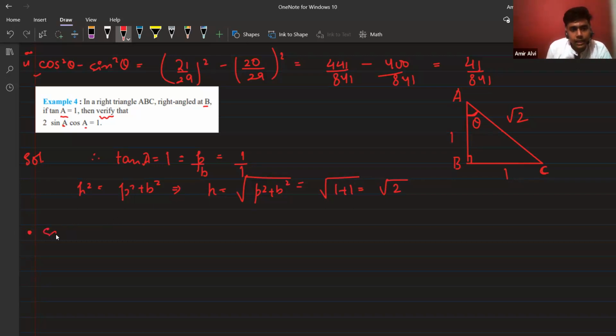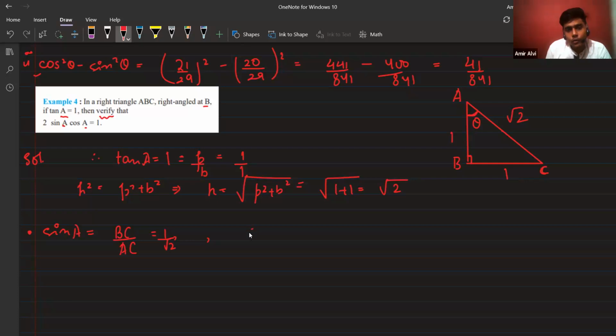Let's take sine A. What will be the value of sine A, dear? In triangle ABC, what would be the ratio of sine A if theta is A? BC, the opposite side of theta, would be the perpendicular, and the hypotenuse is AC, so the value is 1 by root 2.